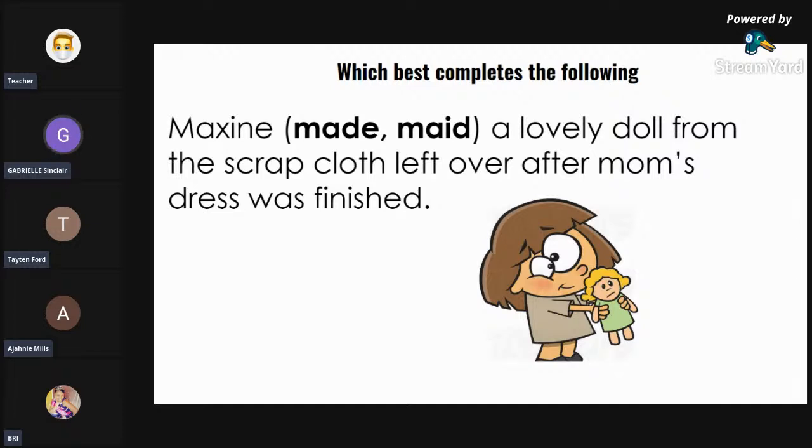Sir, I would go with the MADE. And why would you want that? So Maxine made a lovely doll from the scrap cloth left over after mom's dress was finished. Why would you put MADE and not MAID? Sir, because made is the past tense of make, and when you make something, you're literally creating.